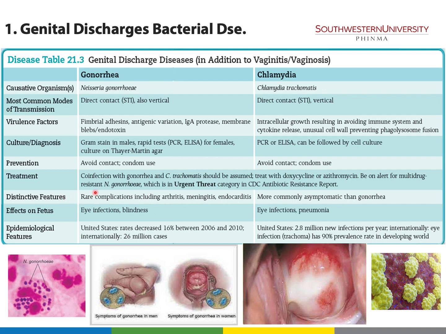For treatment of the two organisms, the CDC recommends annual screening of young women for asymptomatic chlamydia. It is also recommended that older women with risk factors, like a new sexual partner, for instance, should be screened.